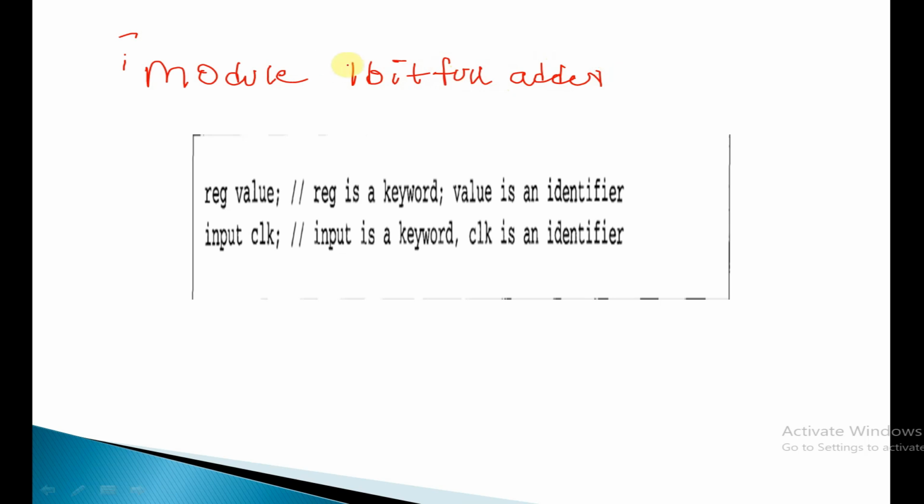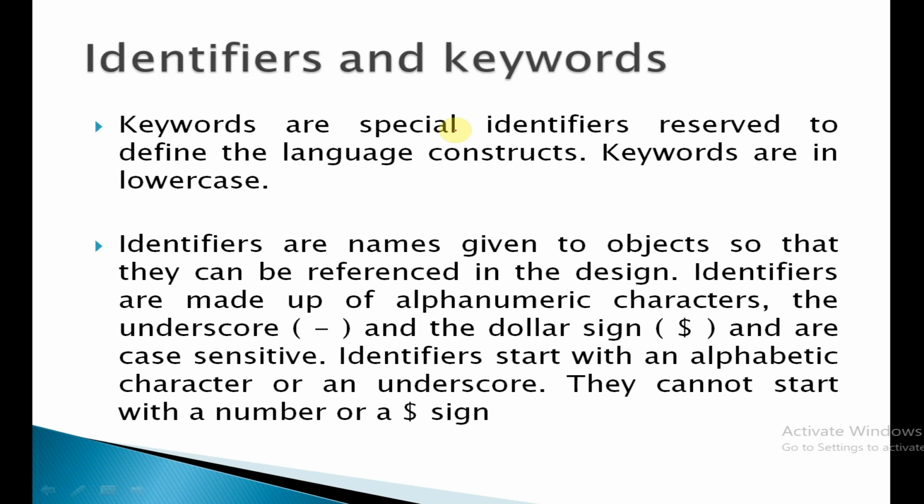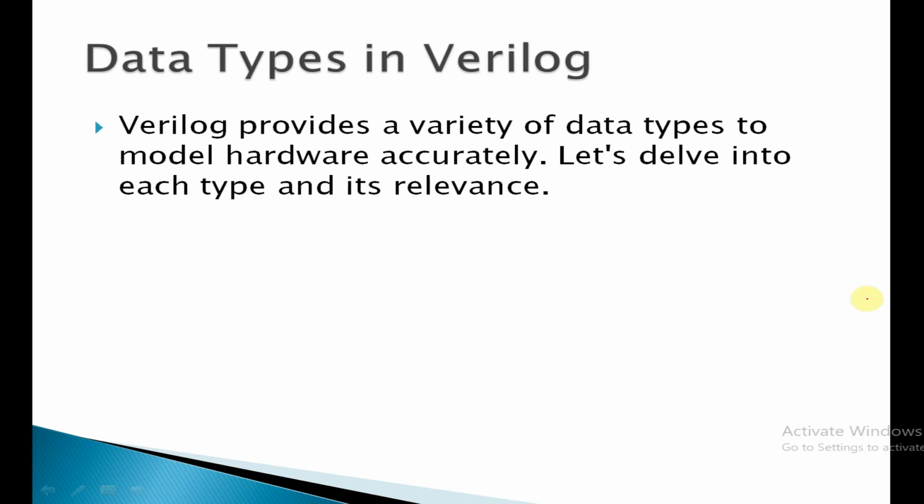You cannot use a number at the starting position because it is an identifier, and you should abide by the rules of an identifier. So these are the rules which you should follow when declaring identifiers and when you are using a keyword. So that was about identifiers and keywords in Verilog.